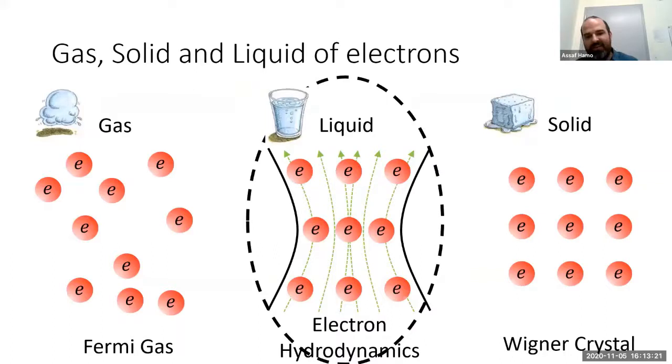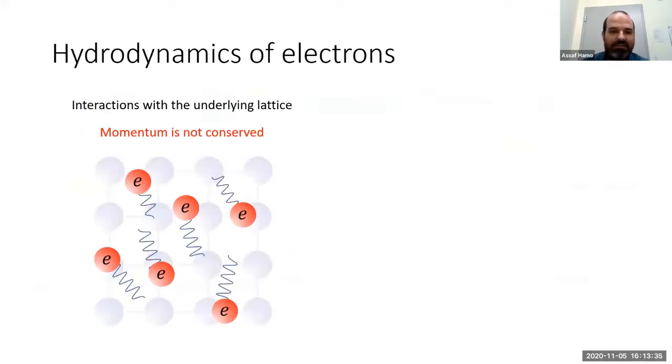So how can you get this kind of phase, the liquid phase of electrons? The problem with electrons is, unlike regular matter, electrons live in another material. They're living inside the lattice. And it turns out that in most cases, the interactions of the electrons are not interactions between the electrons themselves, but rather interactions with the lattice.